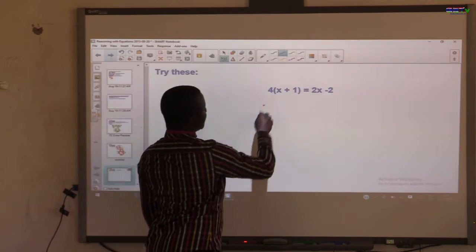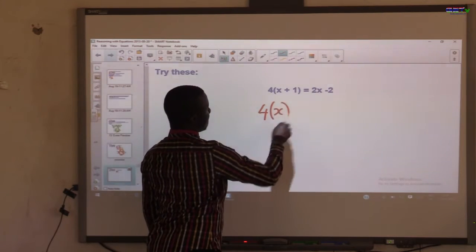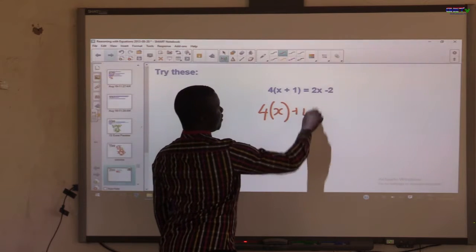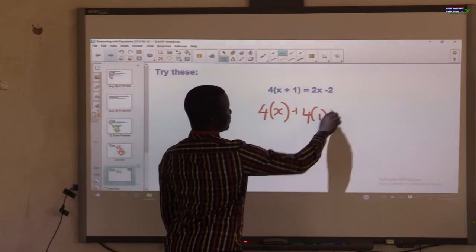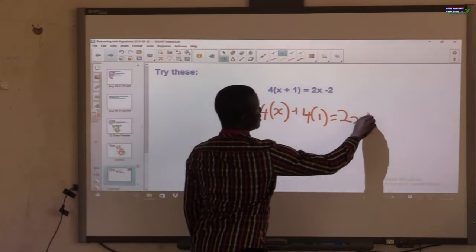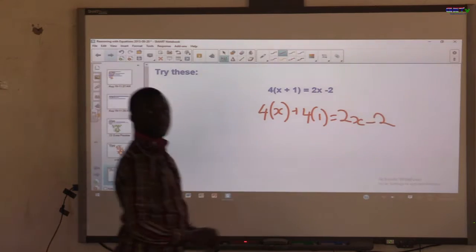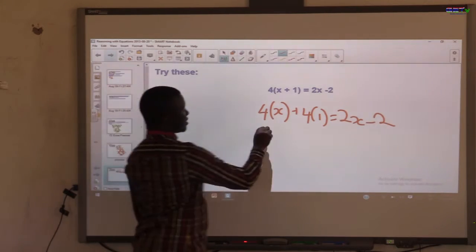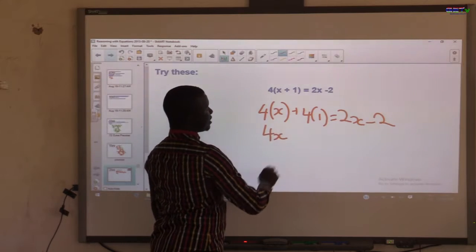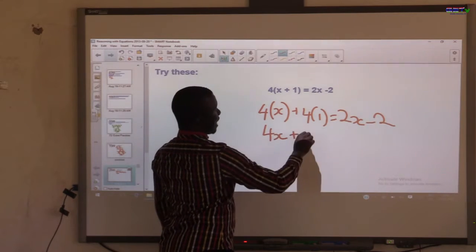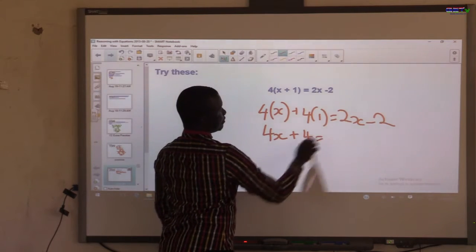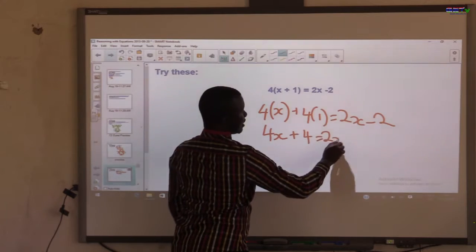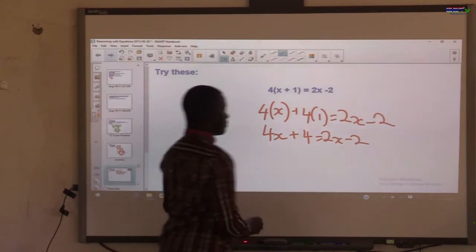This is 4 times x plus 4 times 1 equals 2x minus 2. 4 times x is 4x, plus 4 times 1 is 4, equals 2x minus 2.